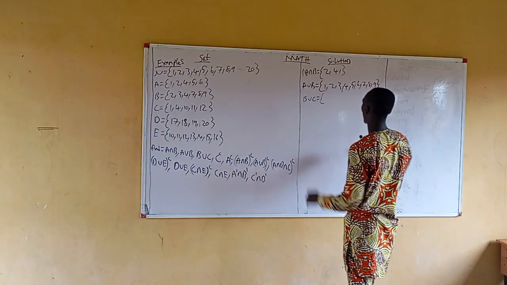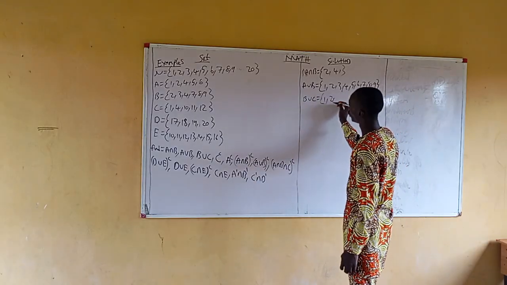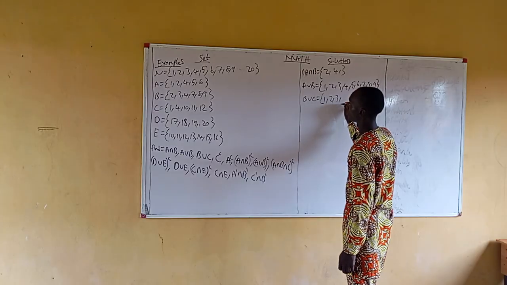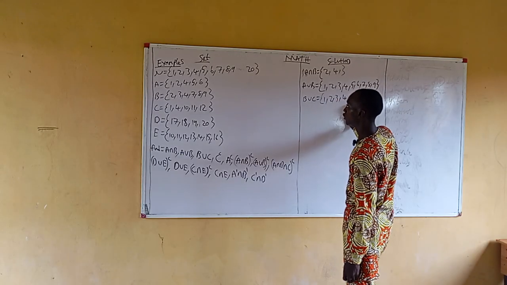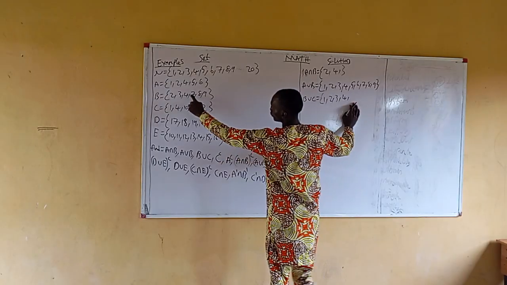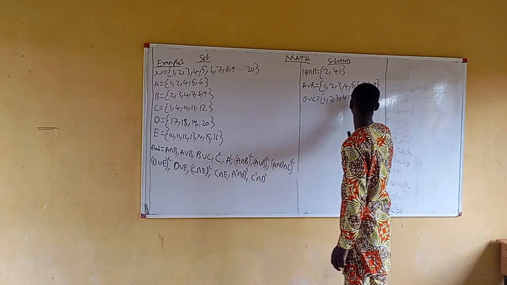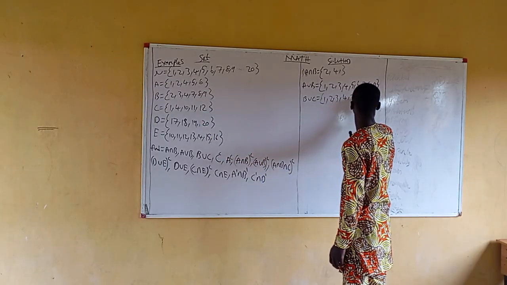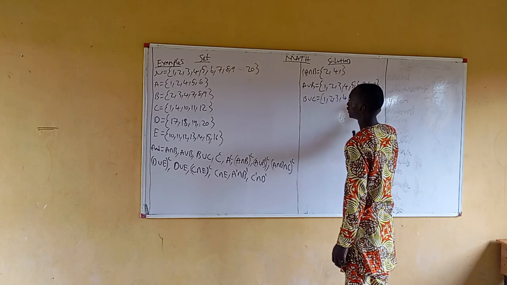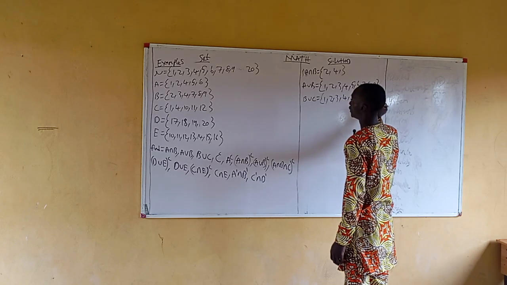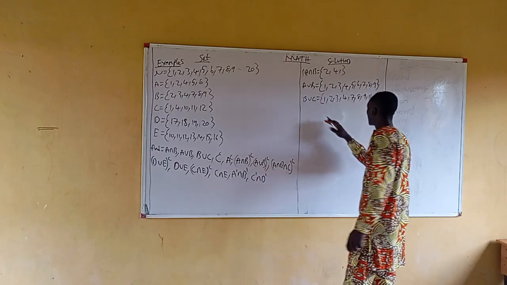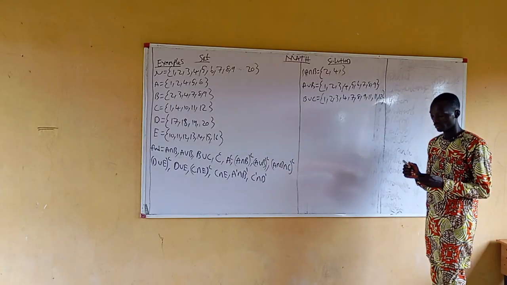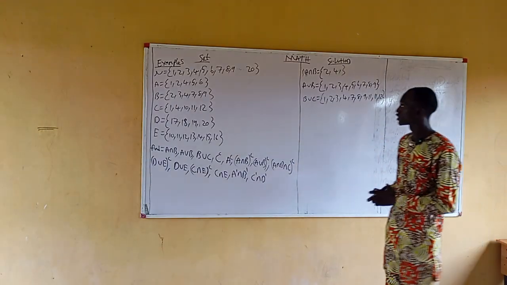So we are going to start with 1, 2, 3, 4, 5. Is there 5? No. Now we have 7, 8, 9, 10, 11, 12. These are my answer for B union C.